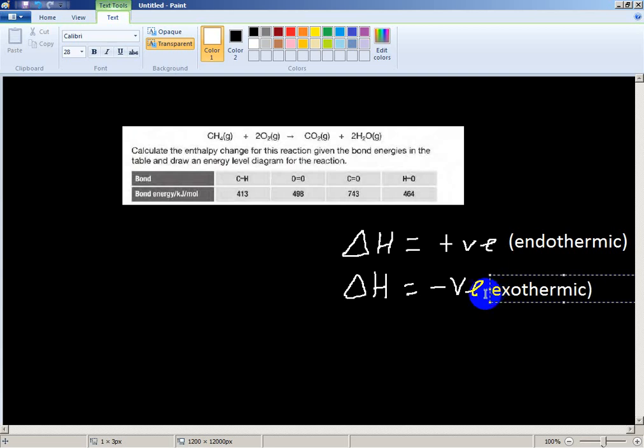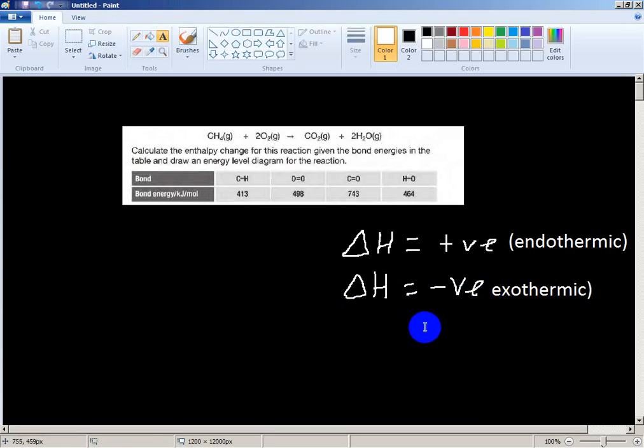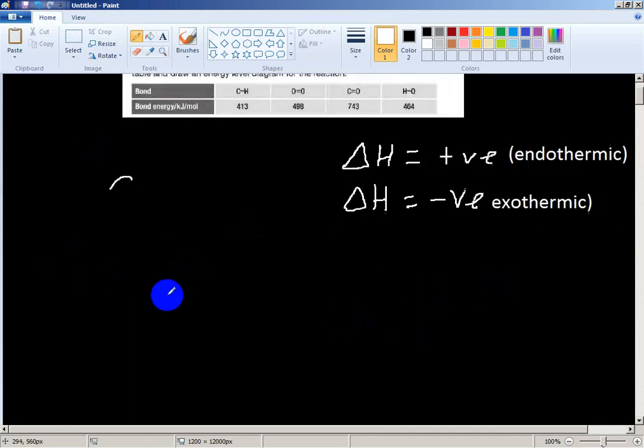So at first calculate the enthalpy change. Now, what is bond energy? Like this is a methane, CH4.